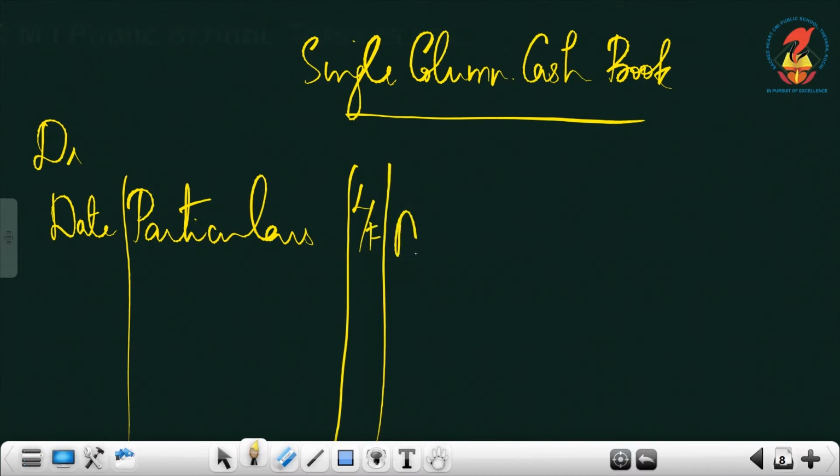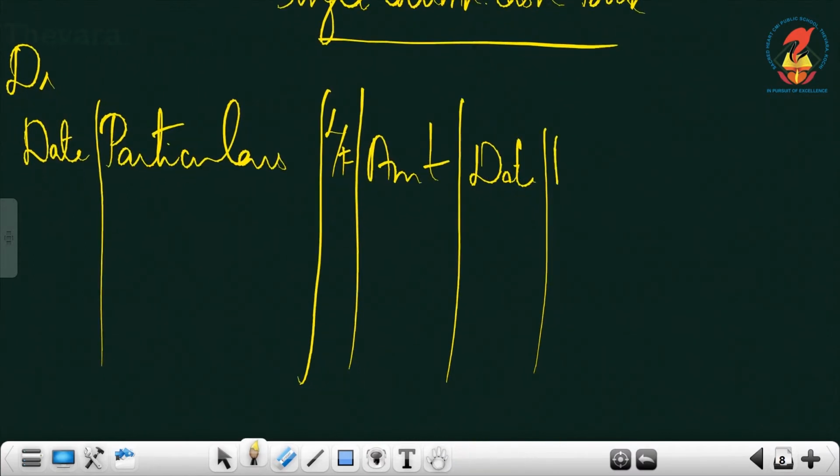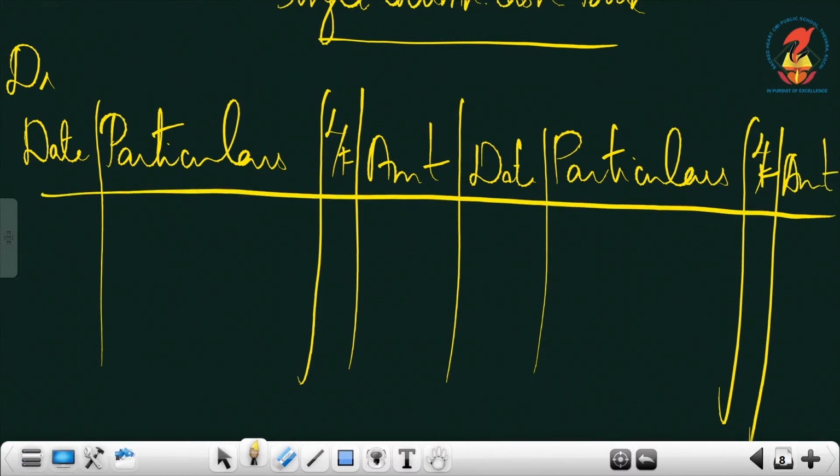LF is needed, though we are not writing anything. If you want, you can write voucher number also, I mean the column you can write. So we'll write the opening balance first.